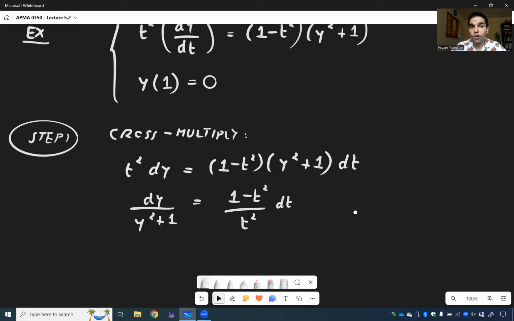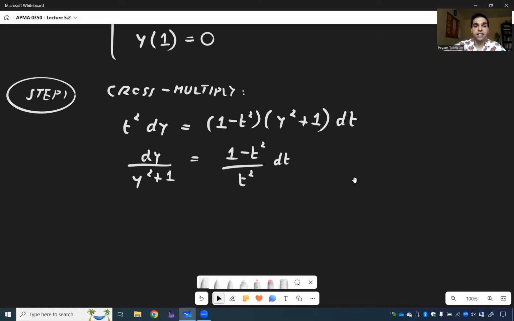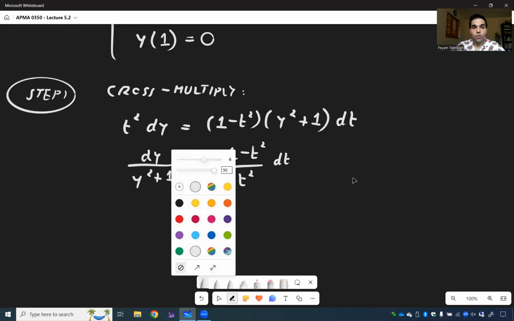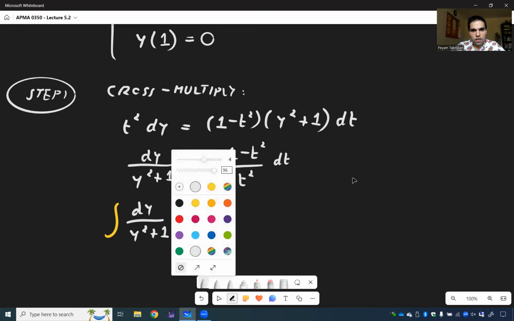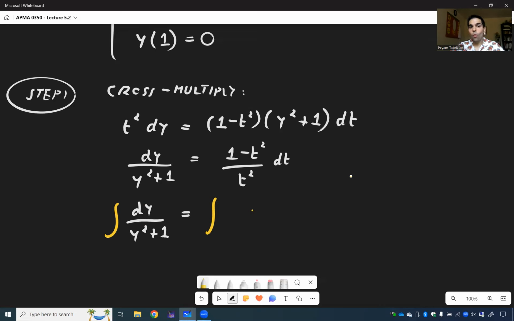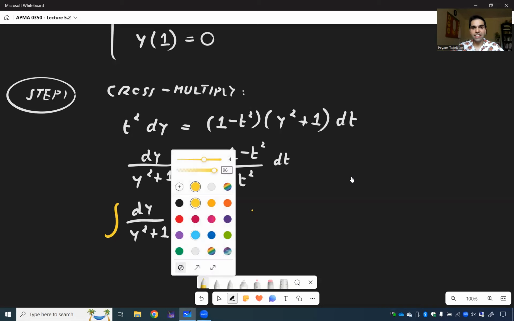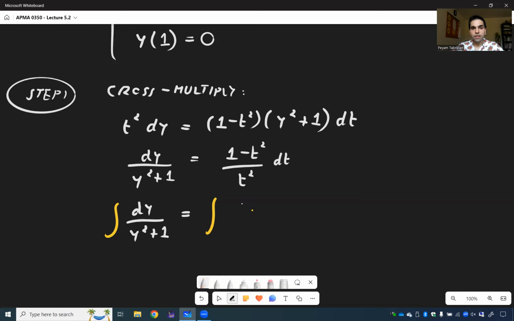And then as before, since all the y's are on the left side and all the t's are on the right side, we can integrate. So the integral of dy over y squared plus 1 equals the integral of, well, (1 minus t squared) over t squared, but to make it a bit more presentable, let's split it up. So 1 over t squared minus 1 dt.